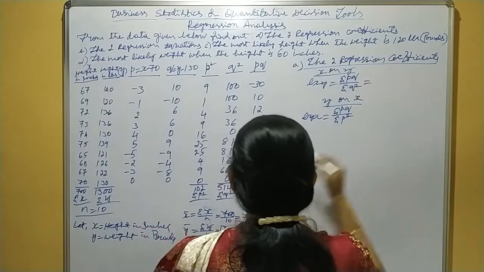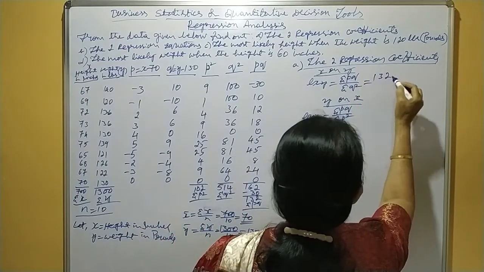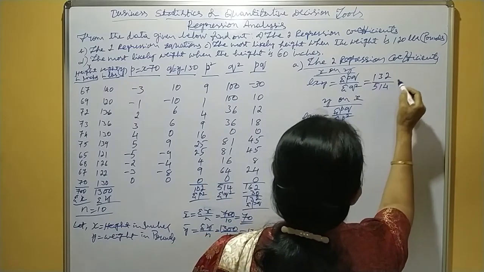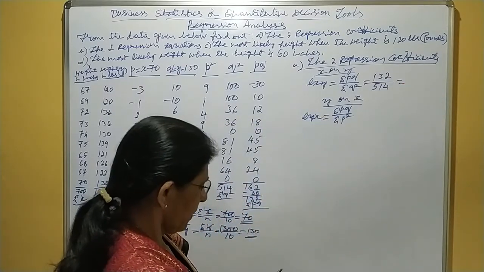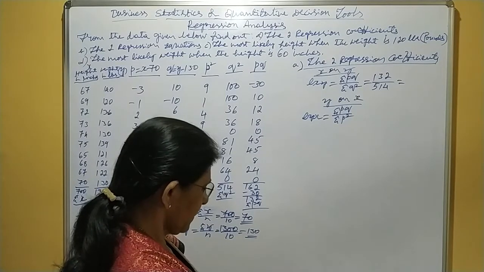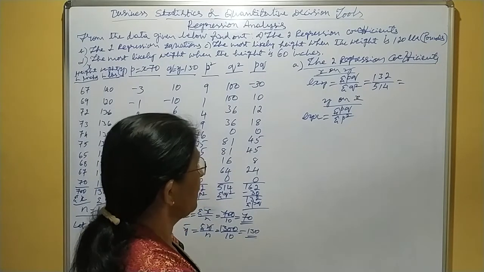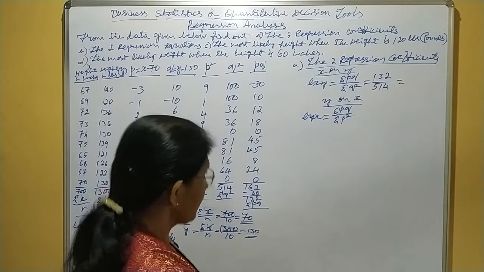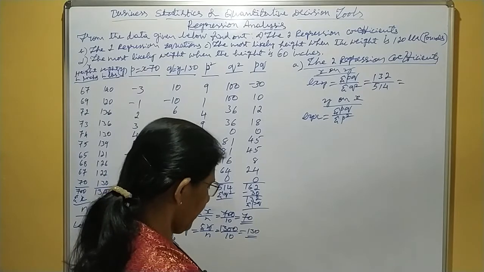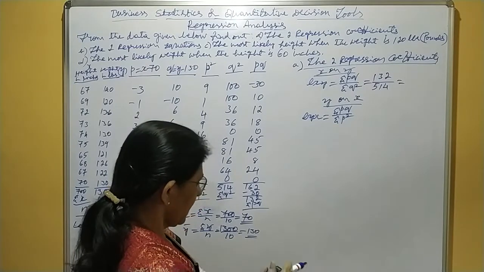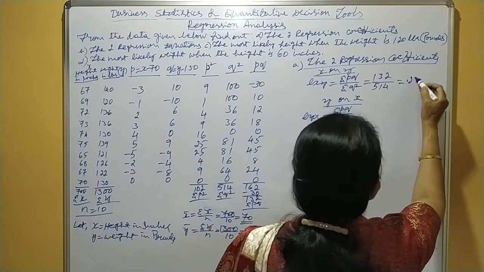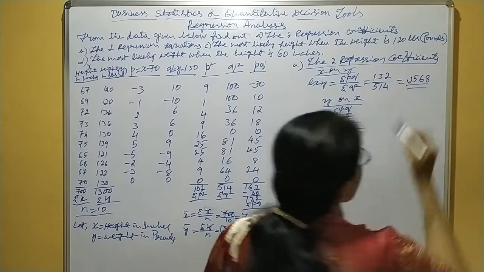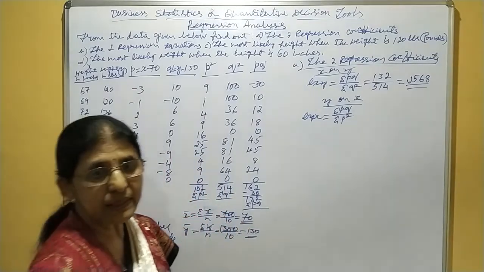Now, sigma pq is 132 divided by sigma q square 514. 132 divided by 514 comes to 0.2568.